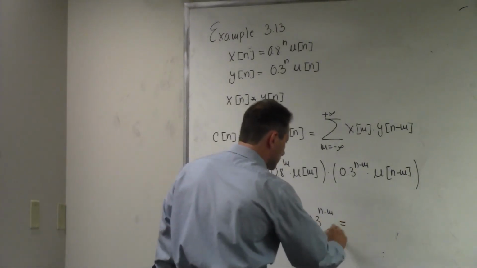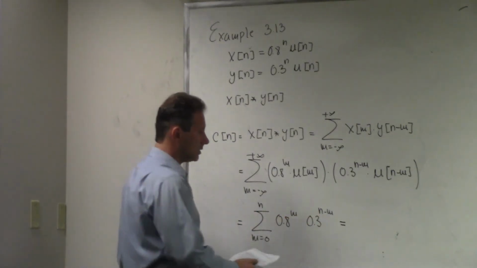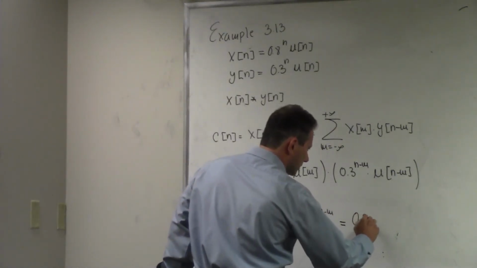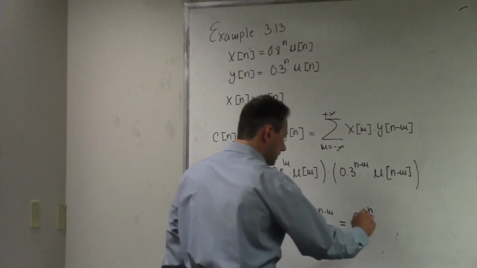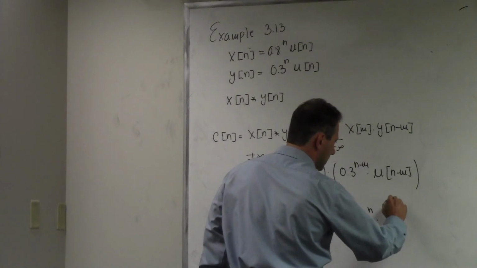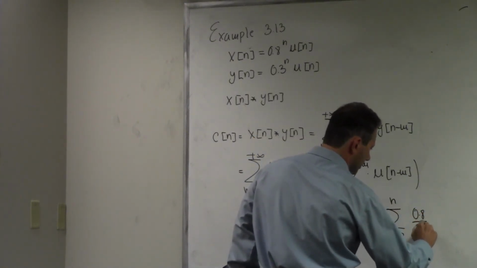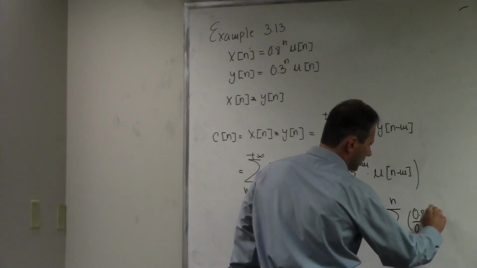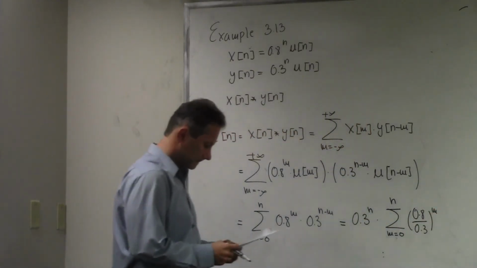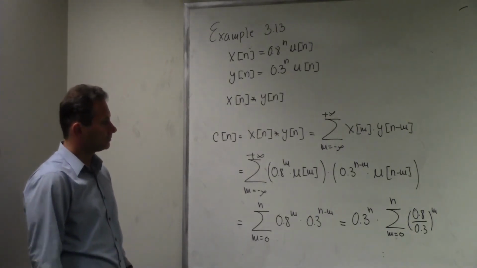This becomes relatively easy. 0.3 to the n goes outside, so I get 0.3 to the n. And then I get the sum when m goes from 0 to capital N of 0.8 over 0.3 to the power of m.